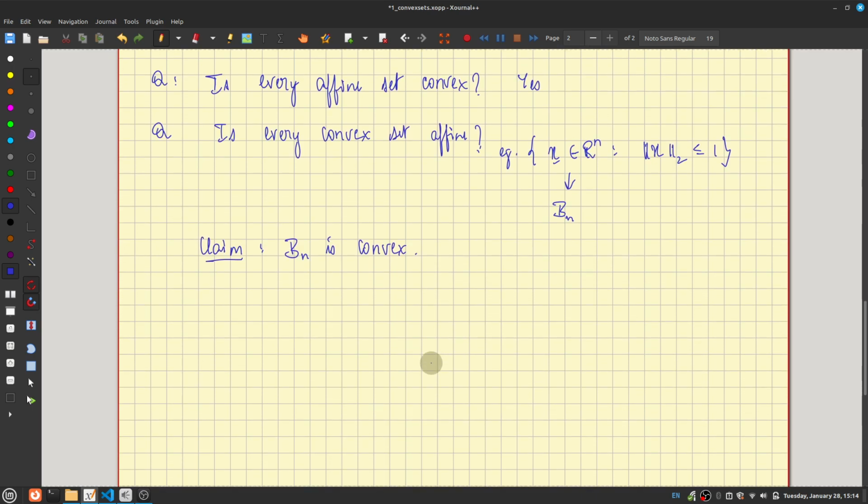It's not enough to just know; we should also be able to convince ourselves of each of these points. What I want to show is that Bn is convex, and the only thing I can rely on are the definitions that I know, right? So take any 2 points, let's say x1 and x2, which lie in Bn.